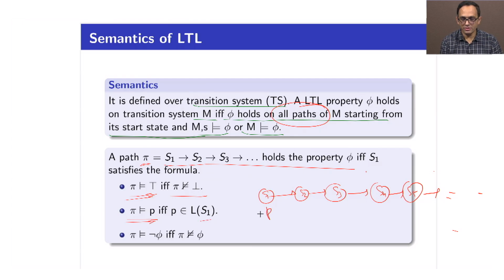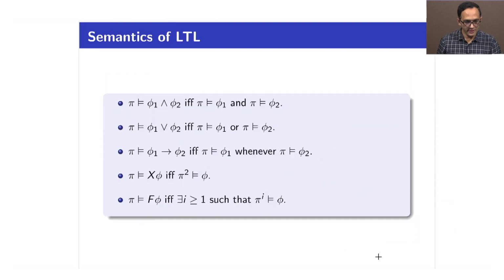So, if p holds here, then I will say pi satisfies p, because it holds in the start state, right. Then pi satisfies the negation of phi if pi does not satisfy phi. If I identify that some formula phi is not satisfied by pi, it implies pi satisfies the negation of the formula, which is very obvious, right.